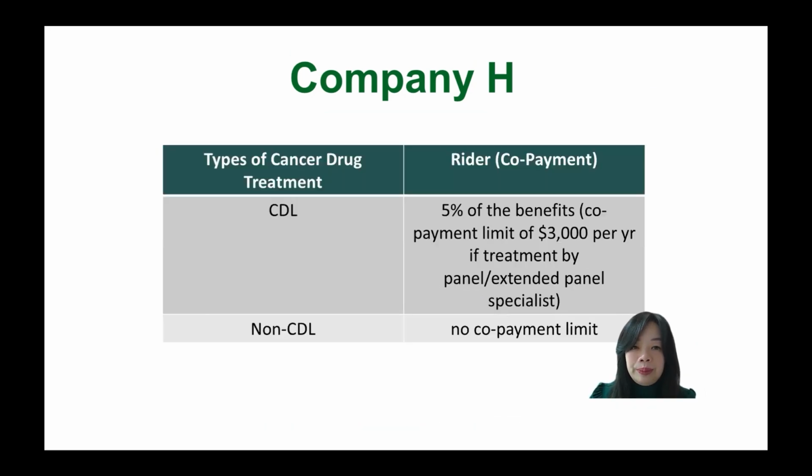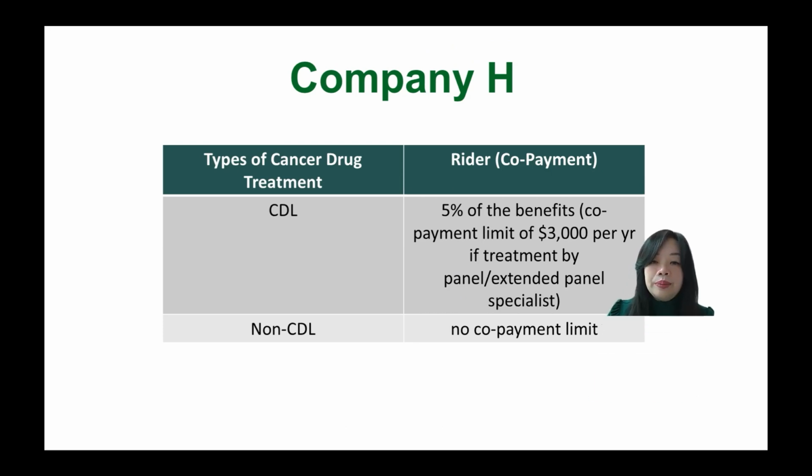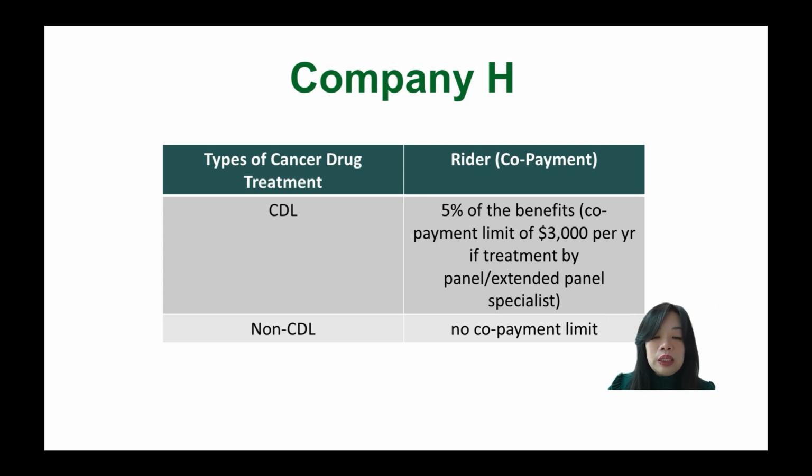If there's a rider in place and the drug is under the CDL, and it's under a panel or extended panel specialist, there will be a 5% co-payment, capped at $3,000 per year, if the treatment is conducted by a panel or extended panel specialist. However, if it's non-CDL, there will be no co-payment limit.